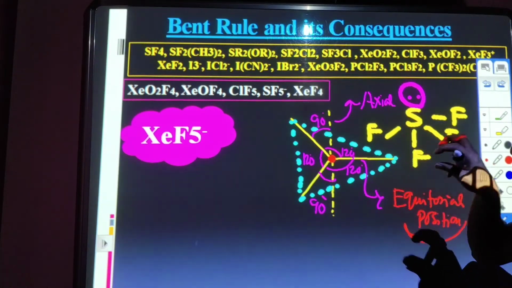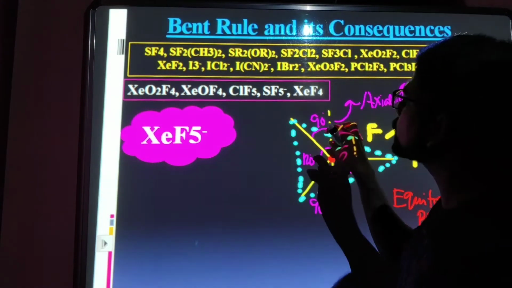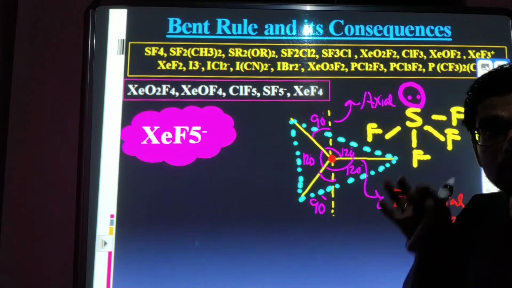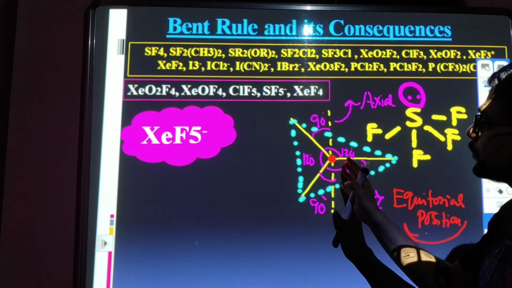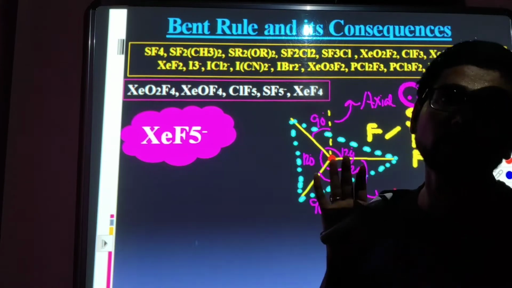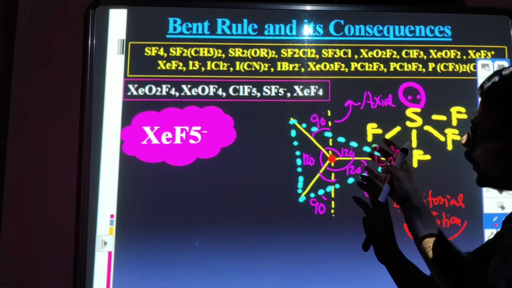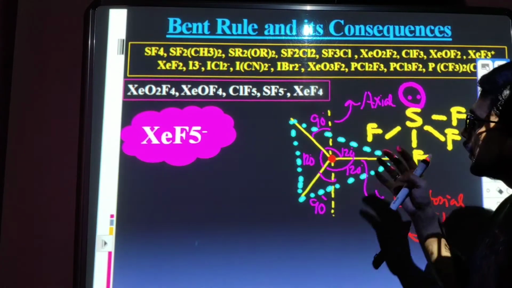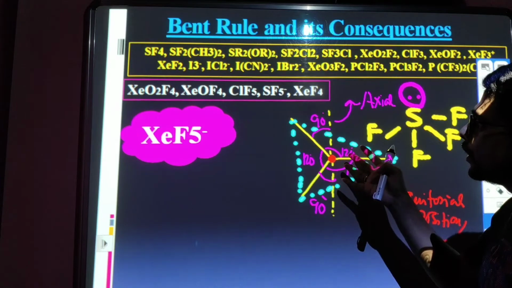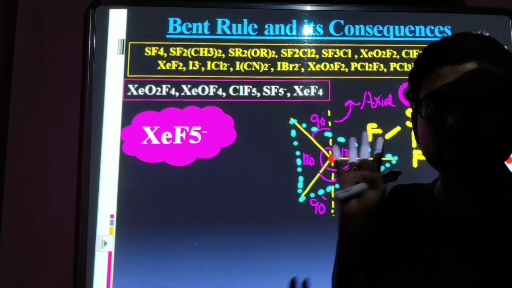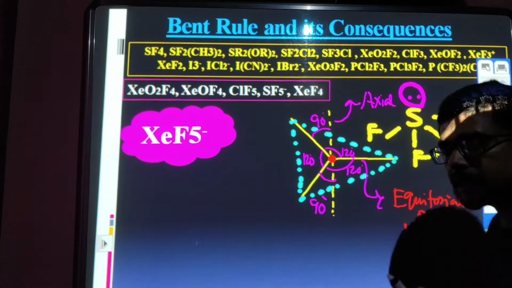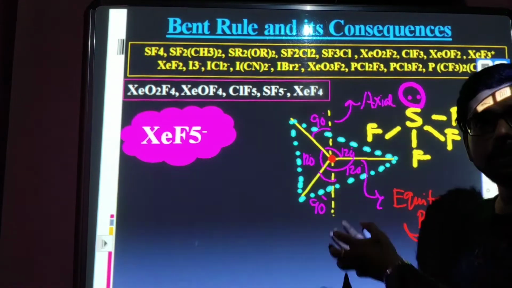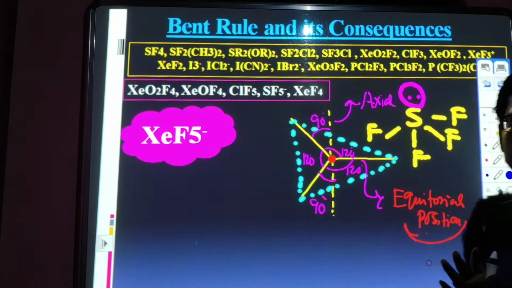You must put them in certain positions to get a stable structure and the exact shape of the molecule, in such a way that the molecule has minimum repulsions.